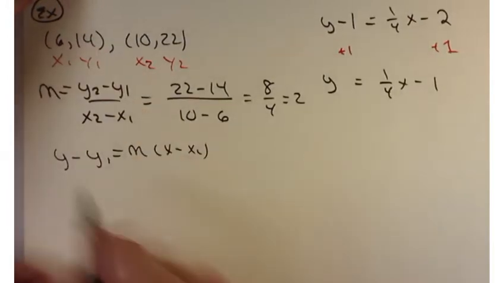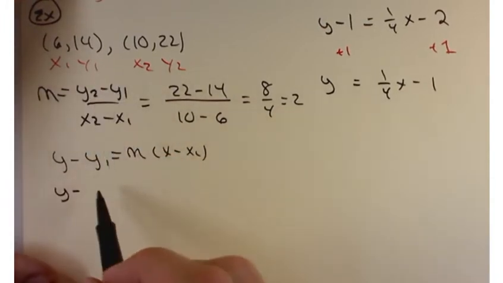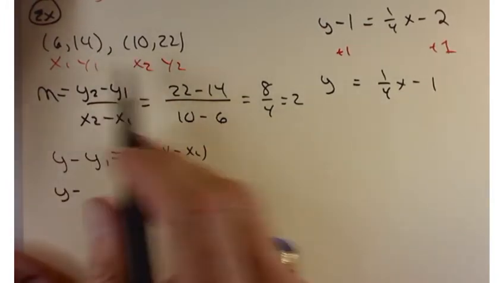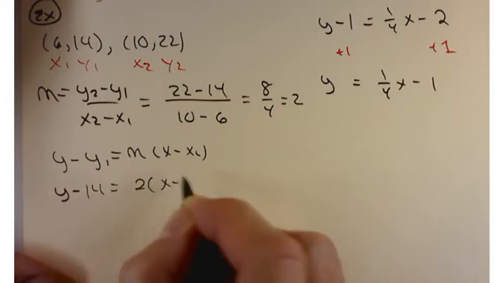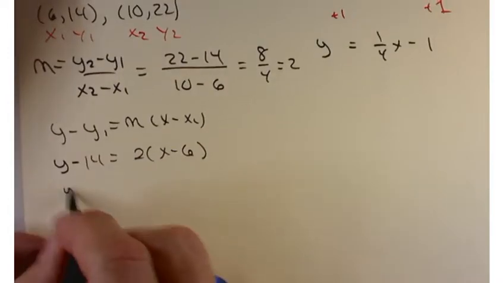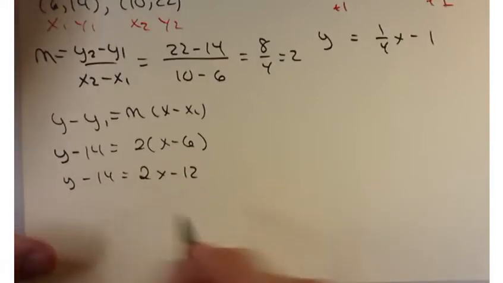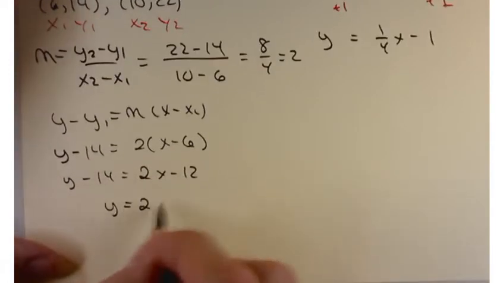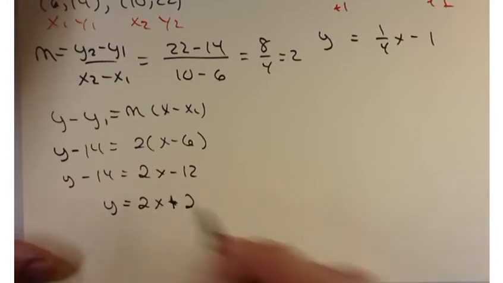Let's pick this point. So that's y minus 14 equals 2 times x minus 6. Y minus 14 equals 2x minus 12. If I add 14 to both sides, I end up with the equation y equals 2x plus 2.